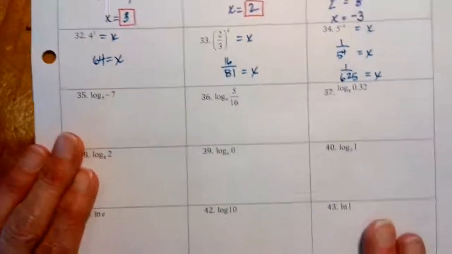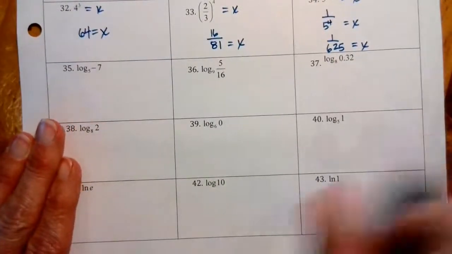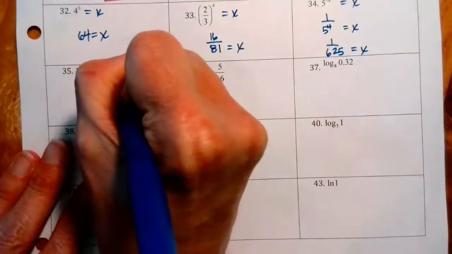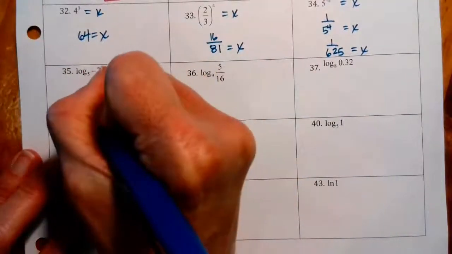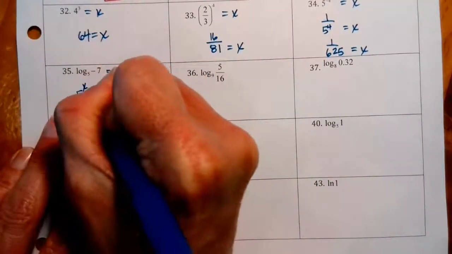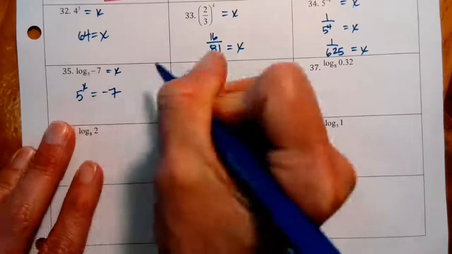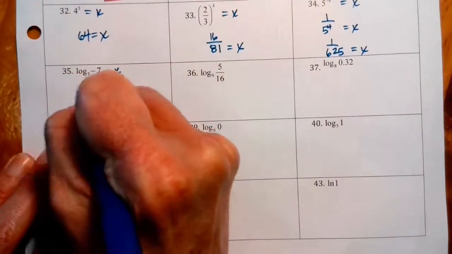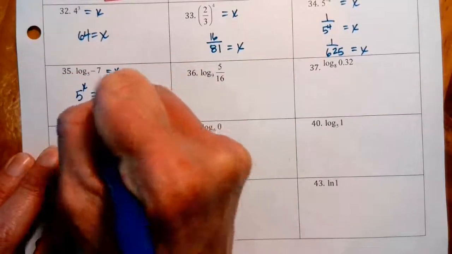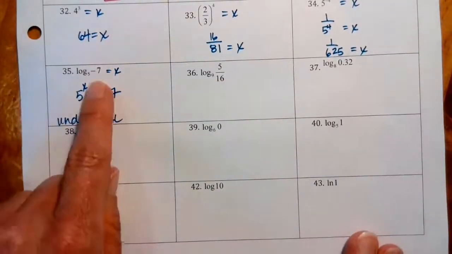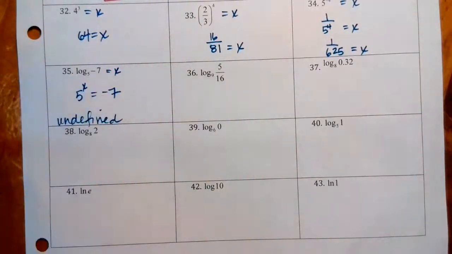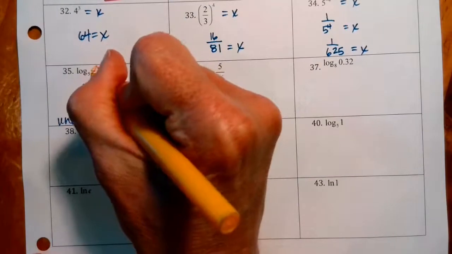All right, so now we'll talk about this. If we want to put that x on here, I want to say 5 to what power is equal to -7. And guess what? That's one of those undefined ones, because I can't have this value being negative.